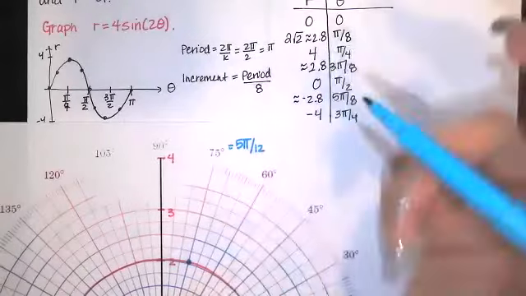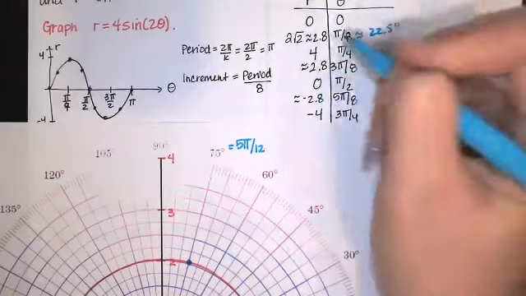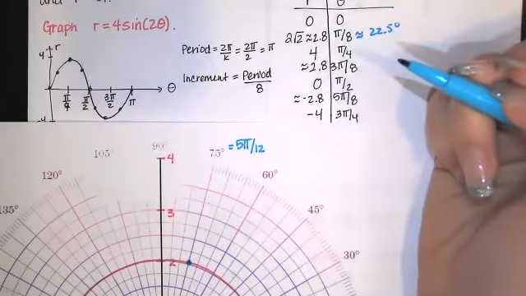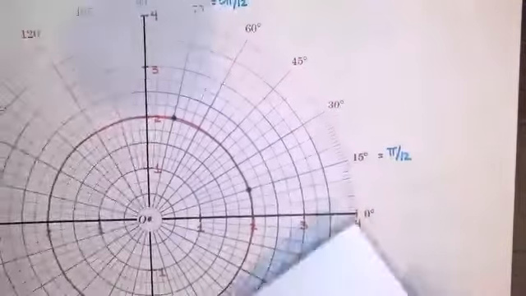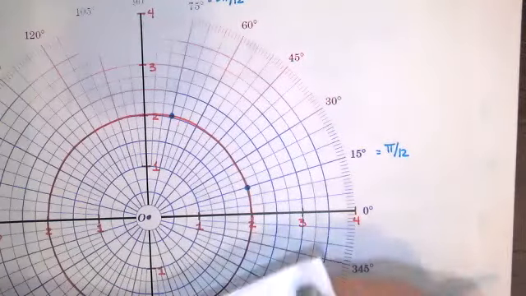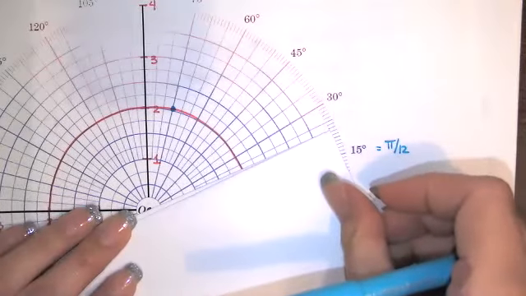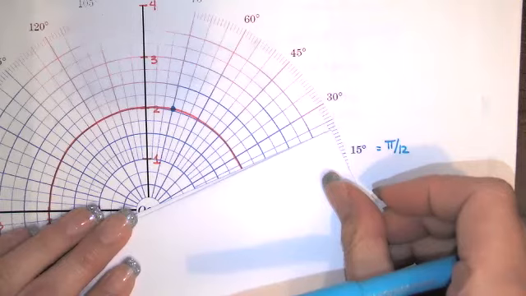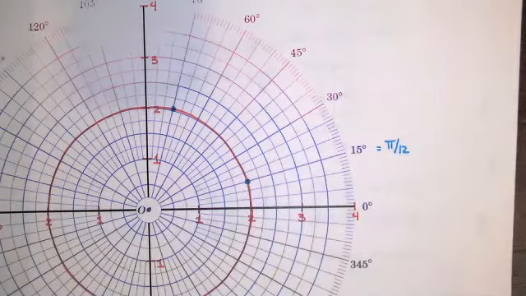When theta is 0, r is 0. When theta is pi over 8, and that's half of 45 degrees, so 22.5 degrees, r is 2.8. So here's 15 degrees, there's 30, 22.5 degrees is about halfway in between, and I want to go out 2.8 units from the origin there.